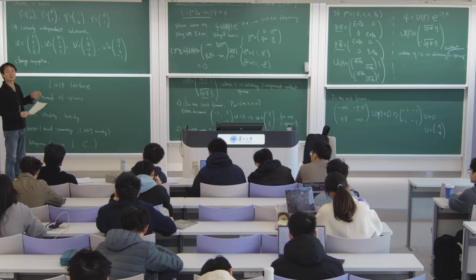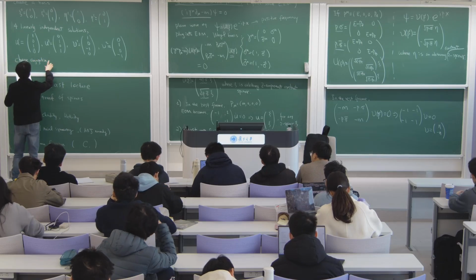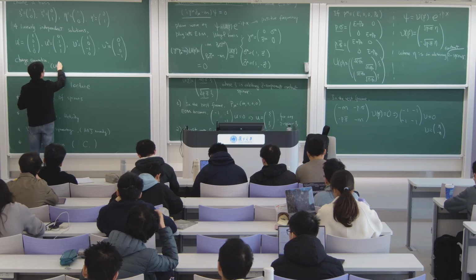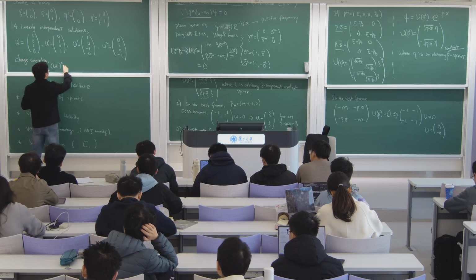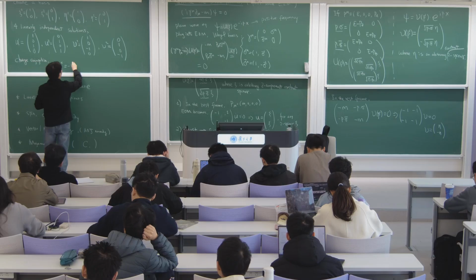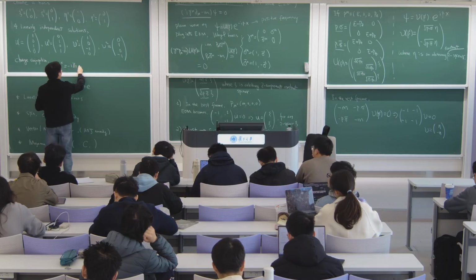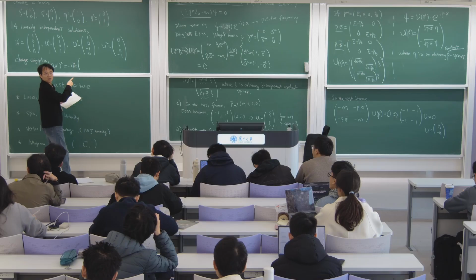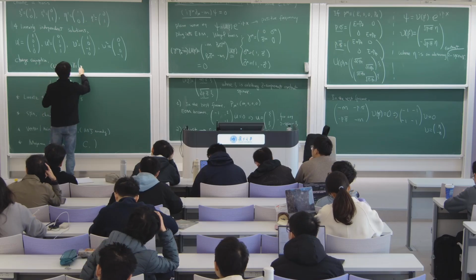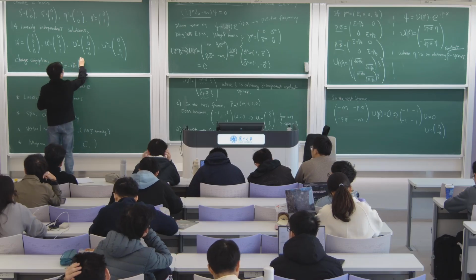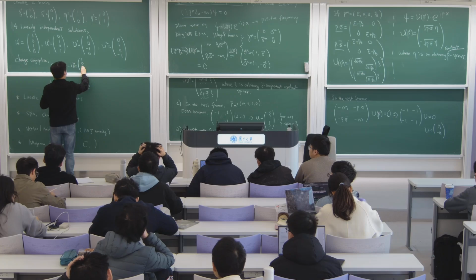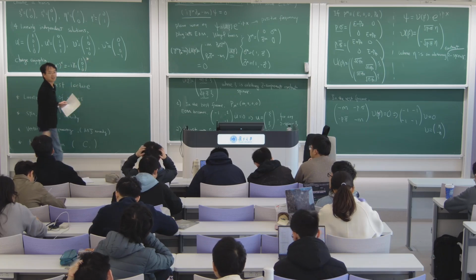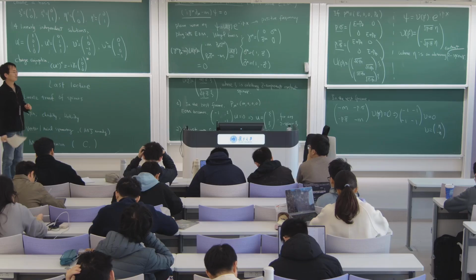What is the charge conjugation for the spinor? U1 under C is minus i gamma 2 times the four-component spinor, in this case 1, 0, 1, 0, complex conjugated.